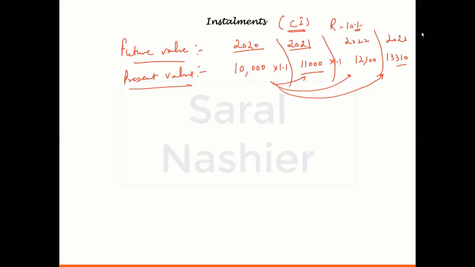So you can say that the future value of a money P after n years is nothing but P into (1 plus R by 100) raised to the power n.